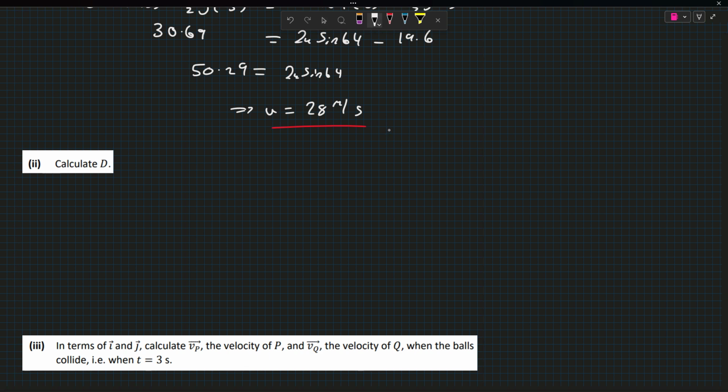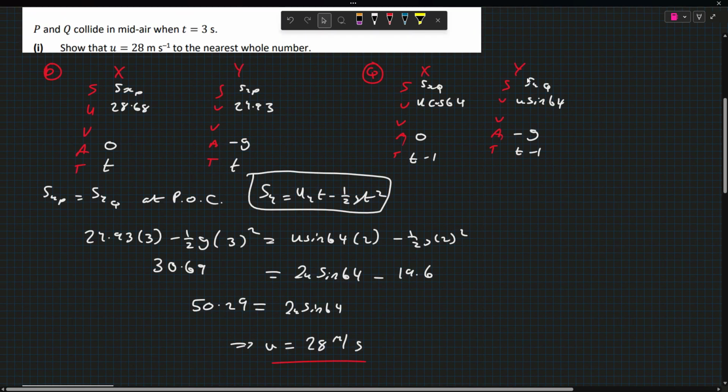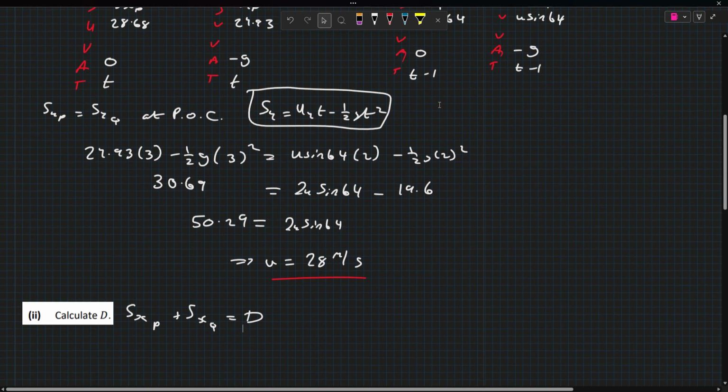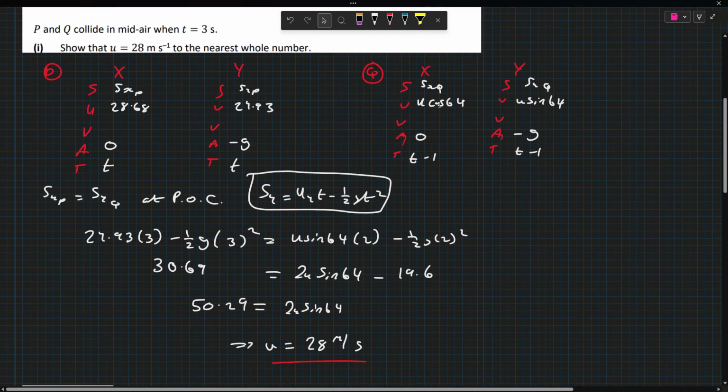Next, calculate D. So D is the distance between them. So SX for P plus SX for Q is D. Now we know what this is. So SX equals ux t.